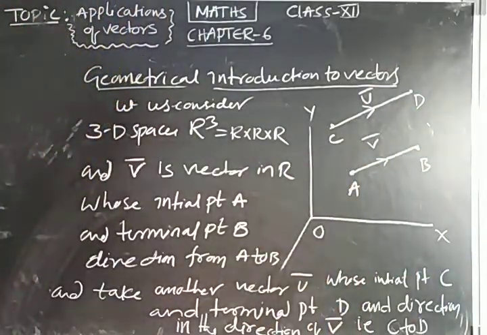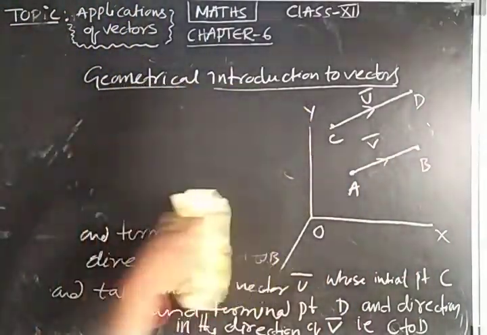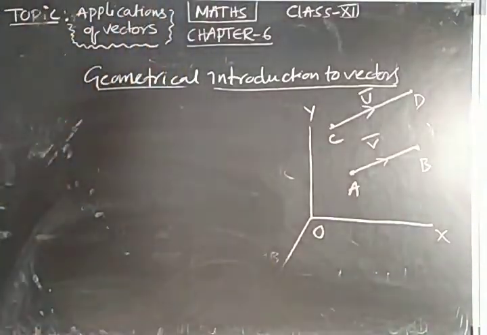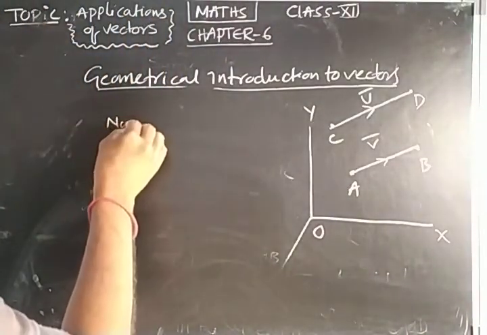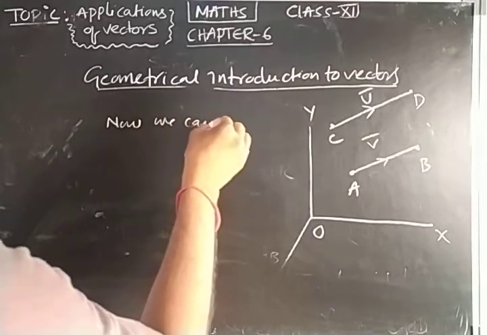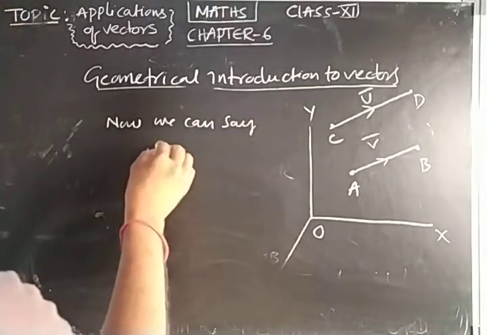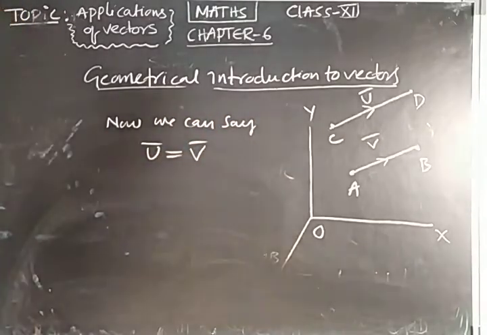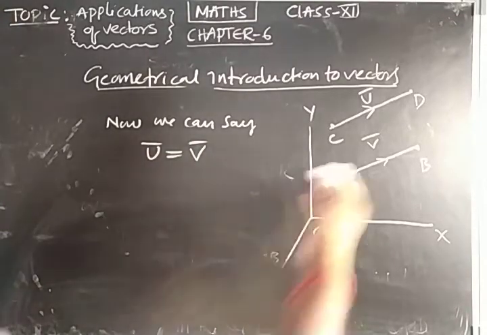Now we can say U bar is equal to V bar. U bar vector and V bar vector are the same vectors.